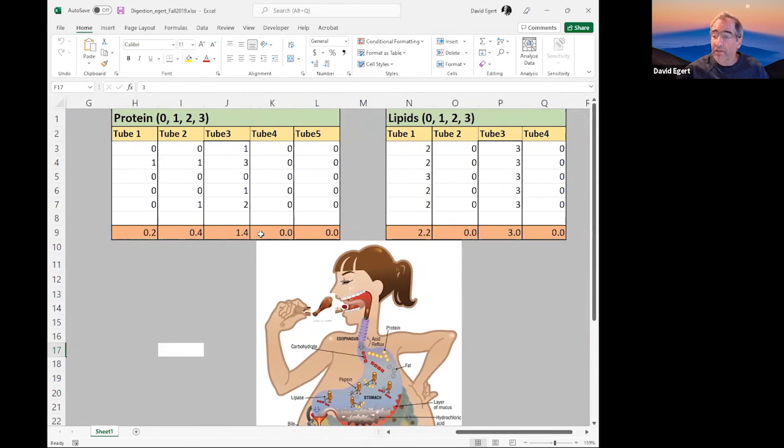This particular lab worked a little better for the protein. Here we actually did have this group that had the pepsin and acid seem to have the most breakdown. So if you look at the data from 2019, which tube would you have expected to have the best breakdown for the protein digestion part?